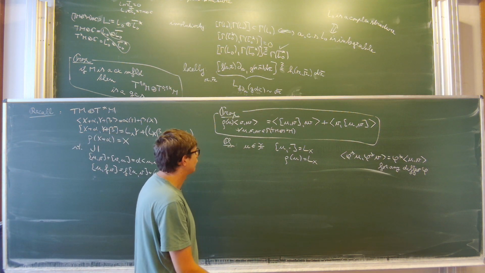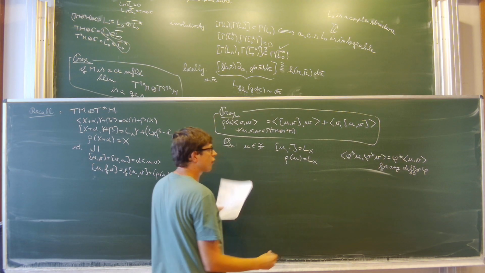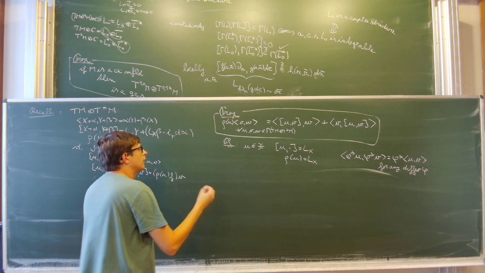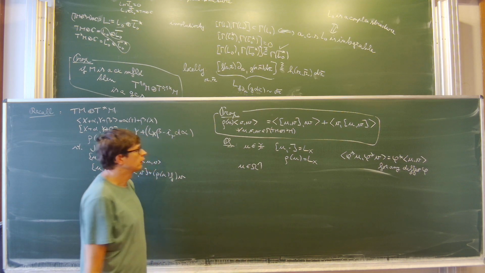So for the vector field case, it's simply the diffeomorphism invariance of the pairing. Okay, that's done. So what remains is the other case when u is in omega 1.